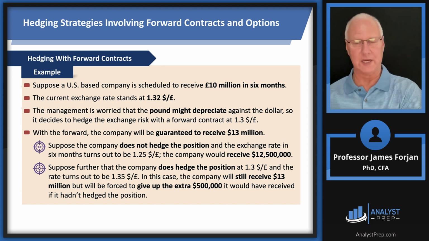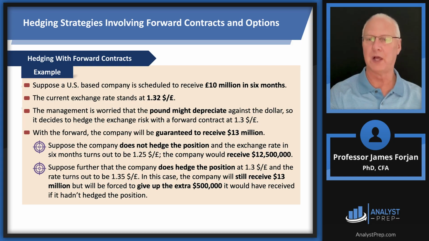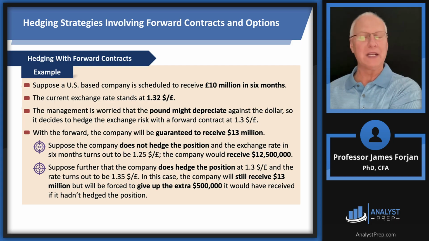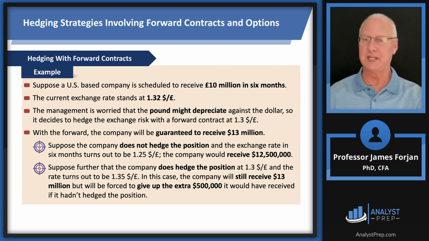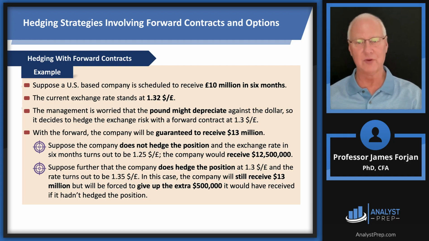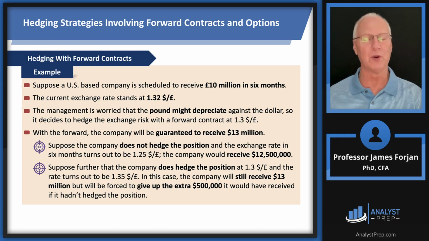That forward rate of $1.3 per British pound also reflects supply and demand conditions, but not today's supply and demand, but the expected supply and demand in 6 months. It also reflects the differences between inflation of the two countries, the differences in interest rates between the two countries, and the differences between expected imports and expected exports.